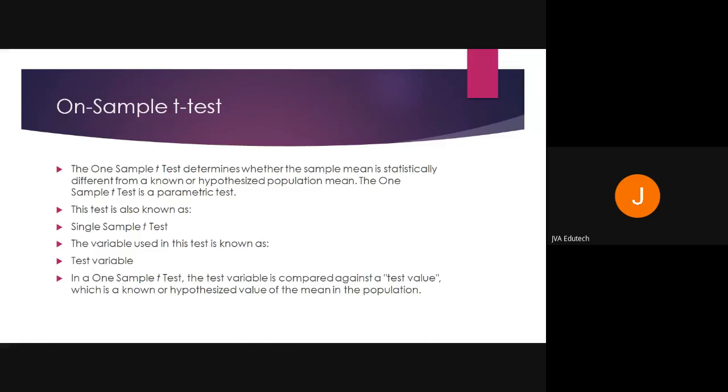For that, you will do a one sample t-test. This test is also known as a single sample t-test, and the variable used is known as the test variable.